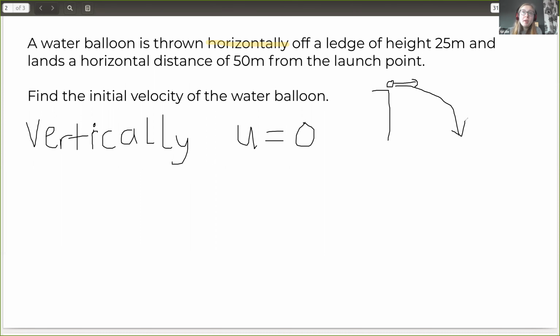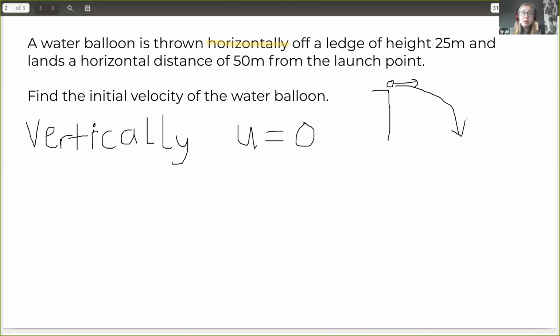So what we're going to do is use the vertical aspect of the motion to work out the time it takes for that water balloon to hit the ground, and then we're going to use the horizontal distance and that time to work out the horizontal speed. And because there's no acceleration, the initial horizontal speed is the same as the final horizontal speed or velocity.